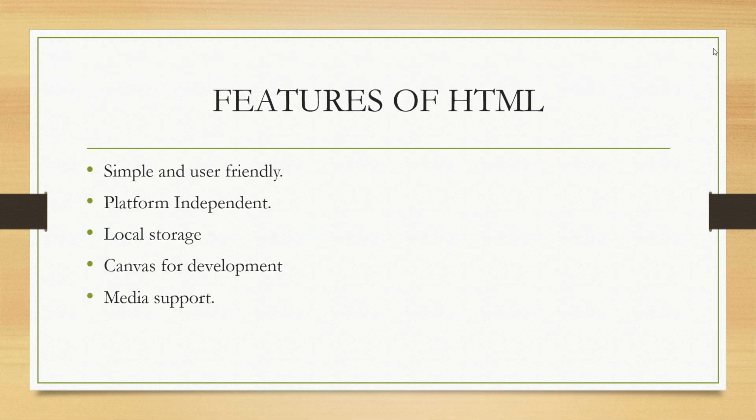What are the features of HTML? HTML is the basic language. It is very simple and user friendly, and it is platform independent, with local storage and canvas for development. It also supports media.